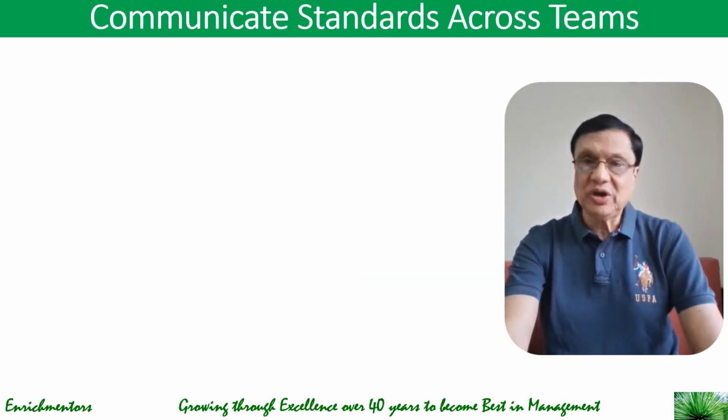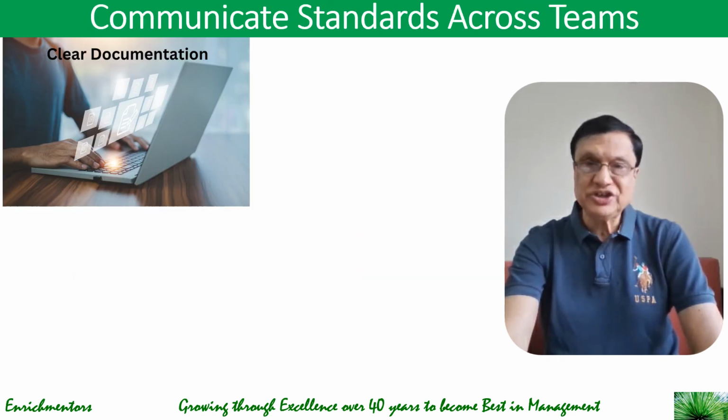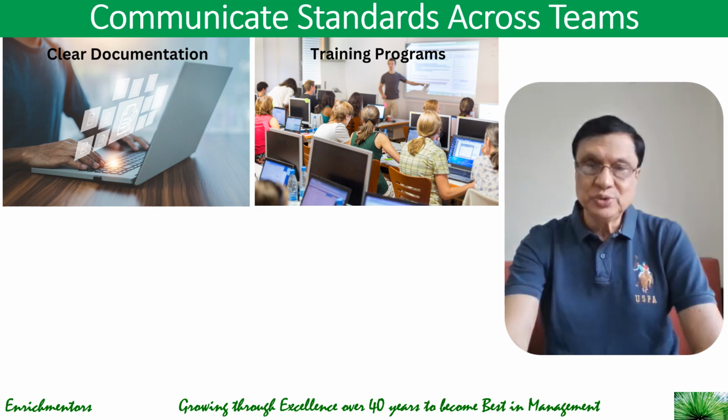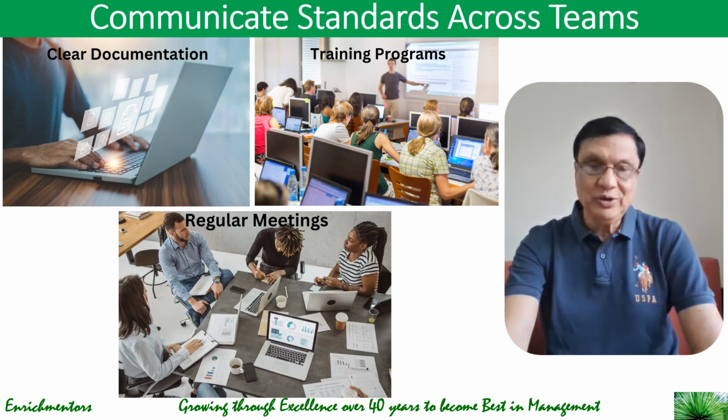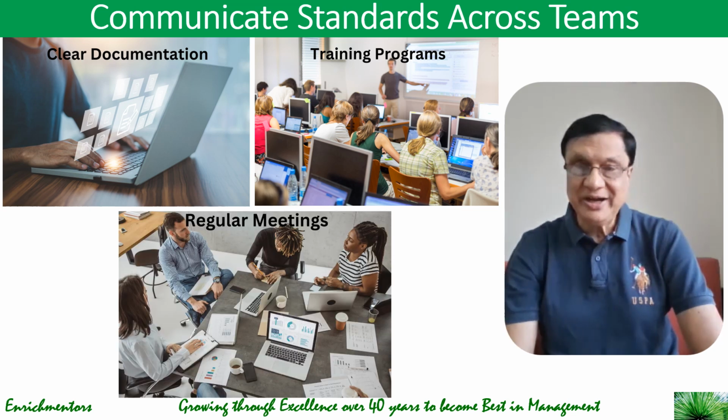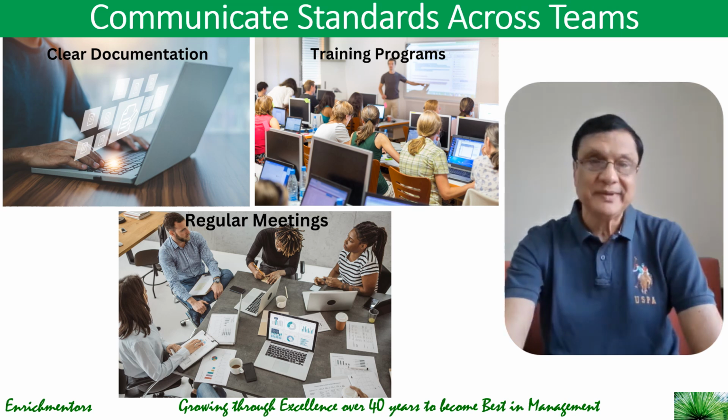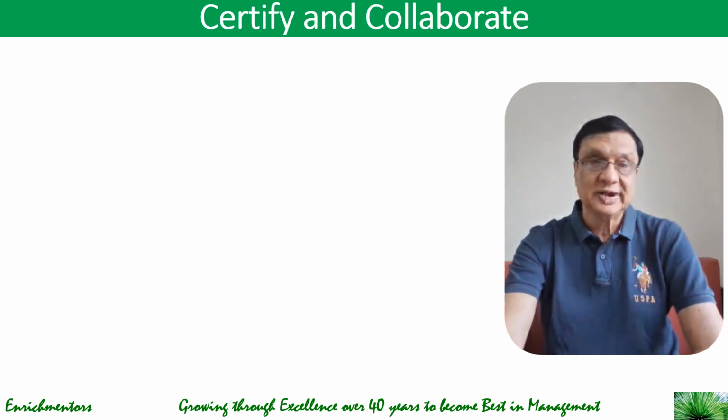Communicate standards across teams through clear documentation by publishing quality manuals, checklists, and SOPs. Also, you can use training programs, online modules, workshops, and regular meetings to ensure alignment and address concerns promptly. So communicate standards across teams. In fact, every person should know the standards applicable to his or her work.